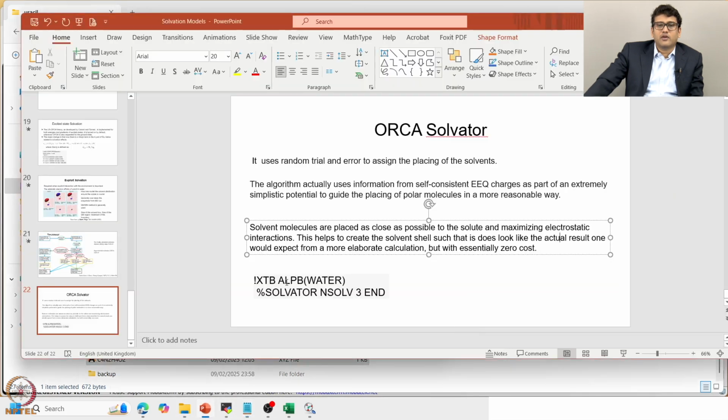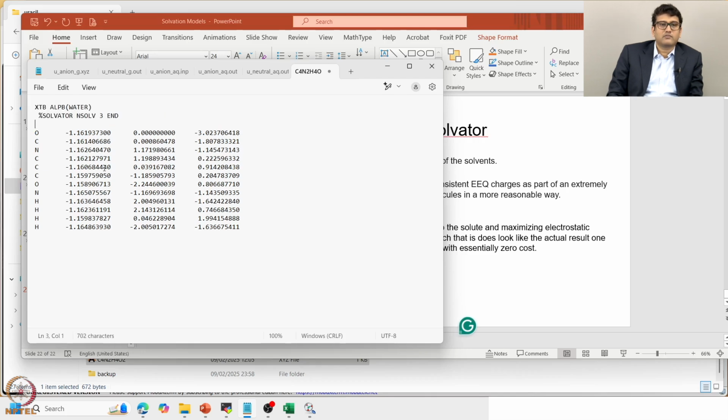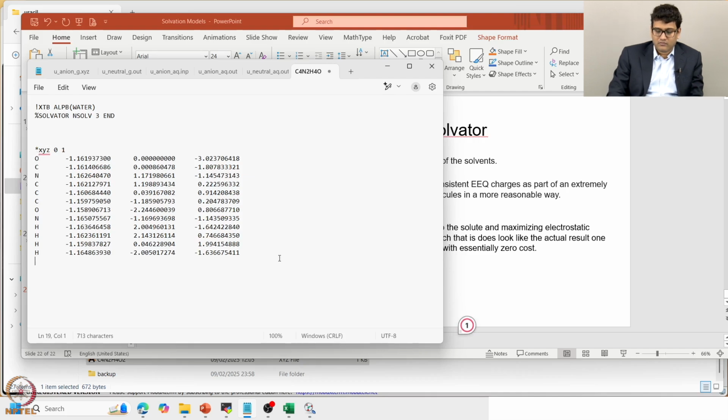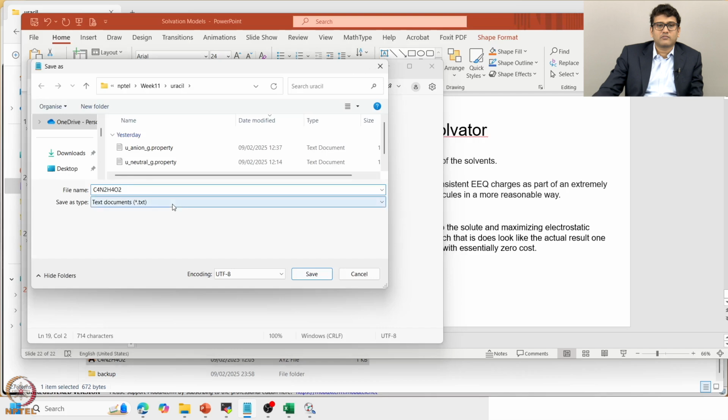So I can copy this keyword, uracil solvator dot inp.